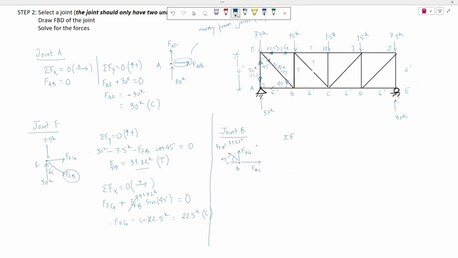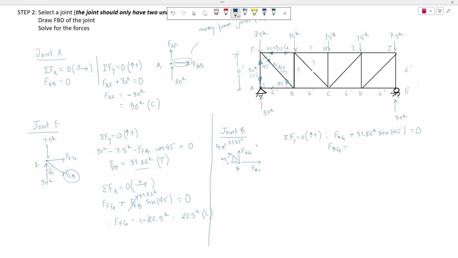Summation of forces in the y direction to be 0, considering upward force to be positive. We get positive FBG, right? And the vertical component of FFB, which is 31.82 kips, so plus 31.82 kips times sine 45 degrees. So these forces would be 0.